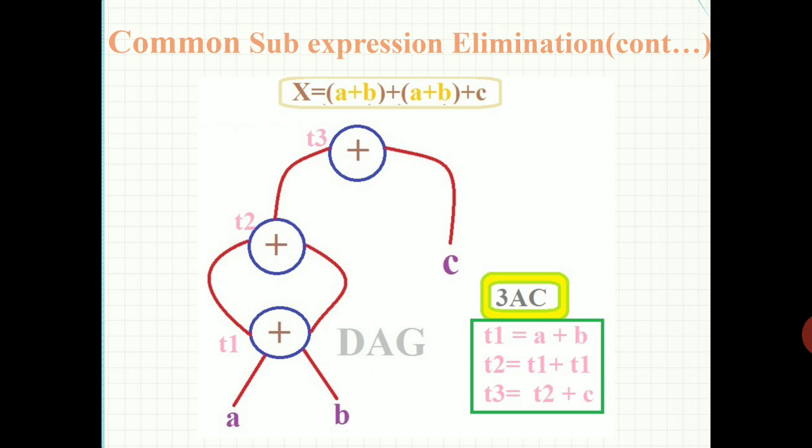This is how the 3-address code is generated by using the DAG, and the common sub-expression is eliminated by using the DAG. That is the application of the DAG. Then we can see some different loop optimization techniques in the next session. Okay, thank you.